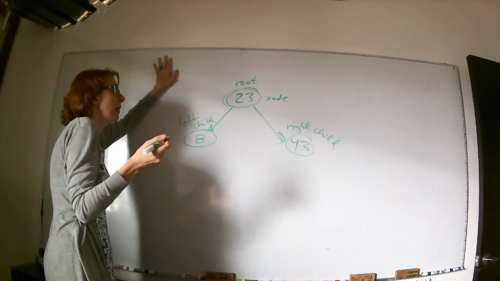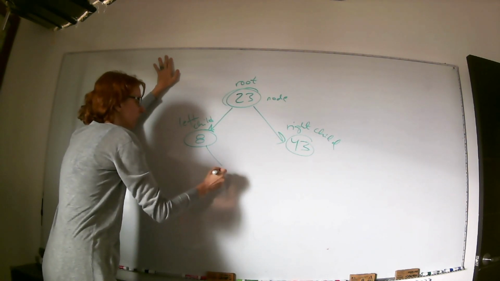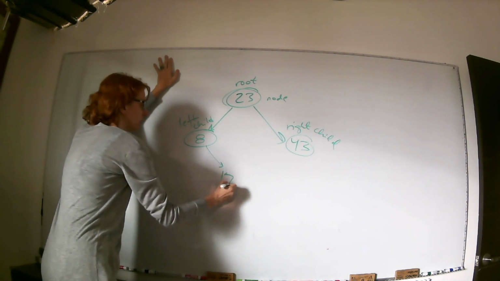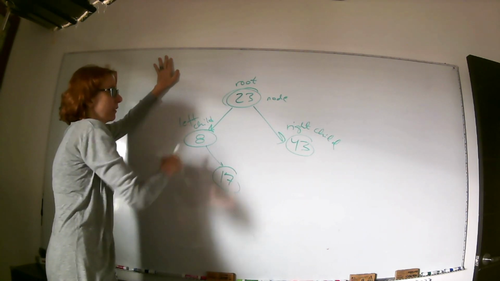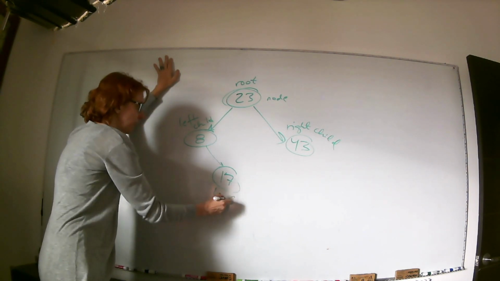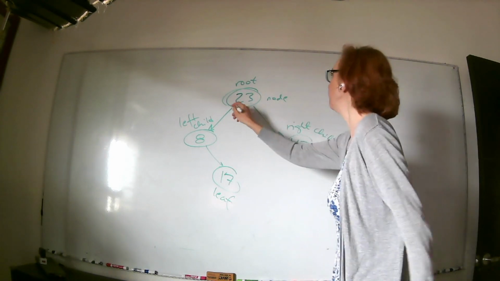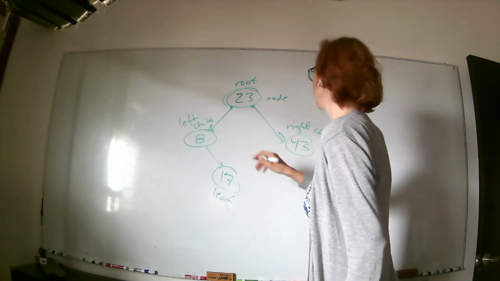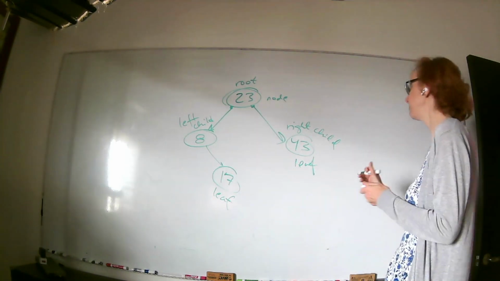Then if I add something that's smaller than the root but larger than 8, it's going to be in turn a right child of the left child. So now it's a grandchild. And these things are called leaves, the ones that don't have any children. And if a node has both of its children, that node is full. So this one's now also a leaf.